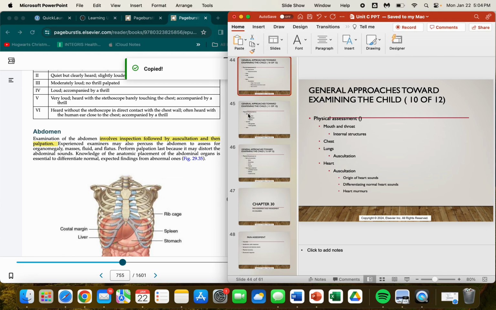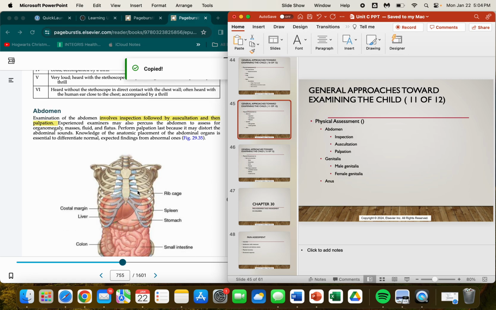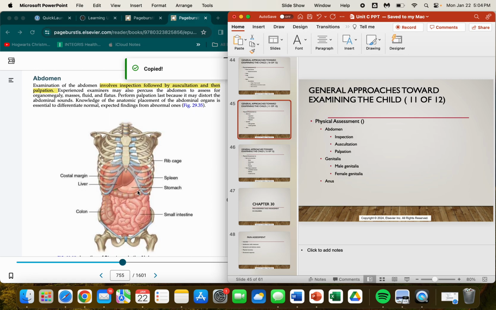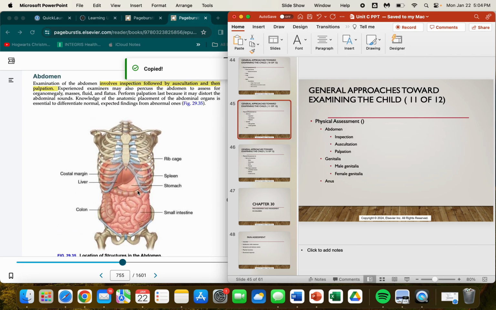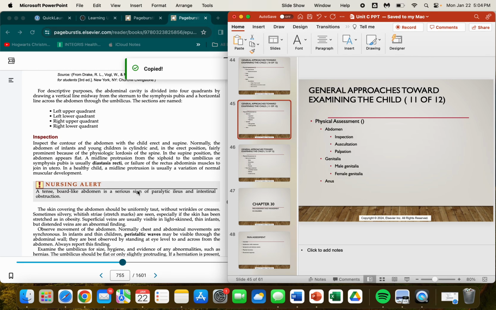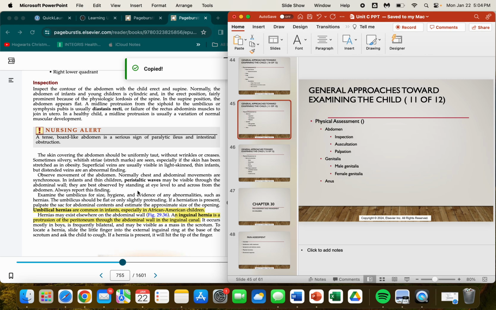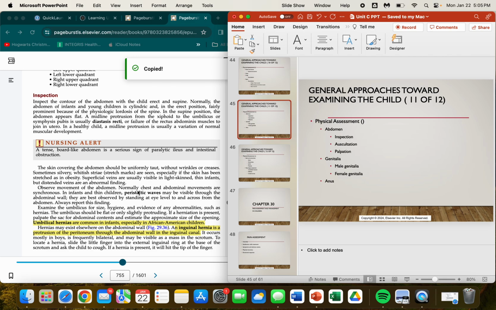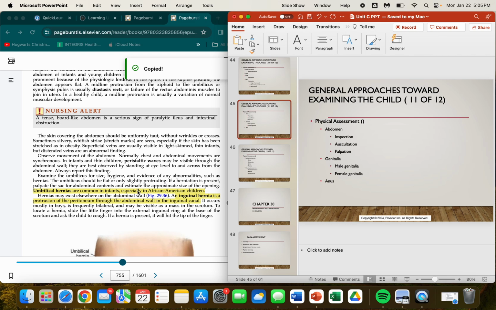We talk a little bit about abdominal assessment. Abdominal assessment involves inspection, followed by auscultation, and then palpation. Similar to the adult, we need to note all of those things that we inspect. Is it distended? Is there anything abnormal about it?